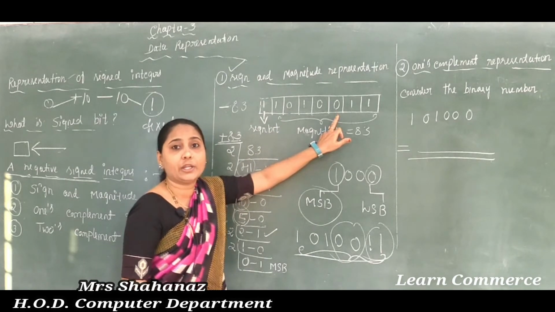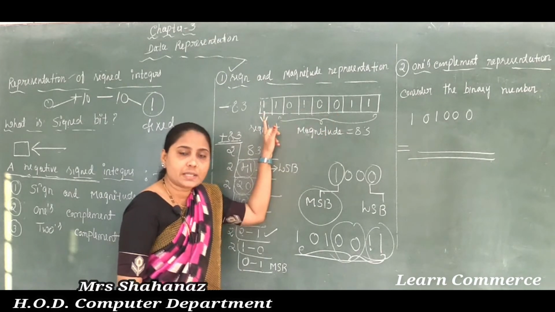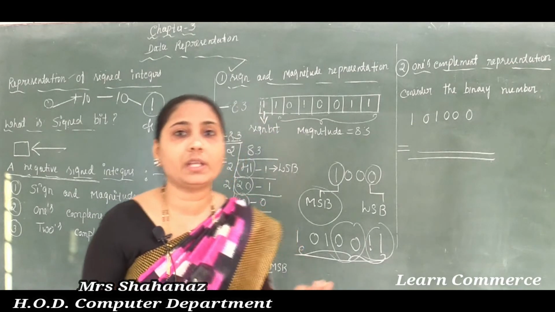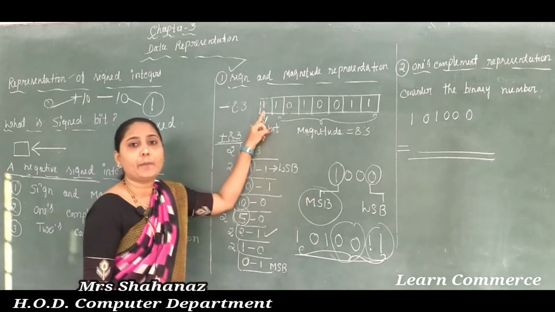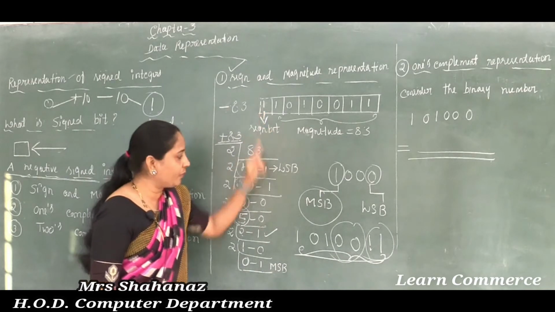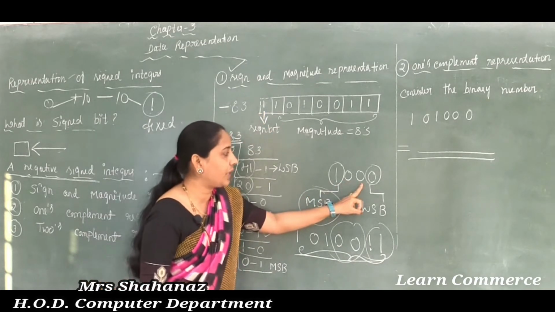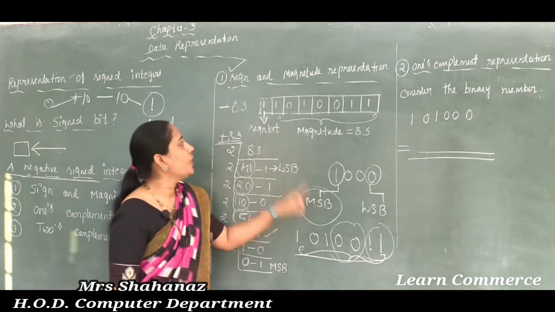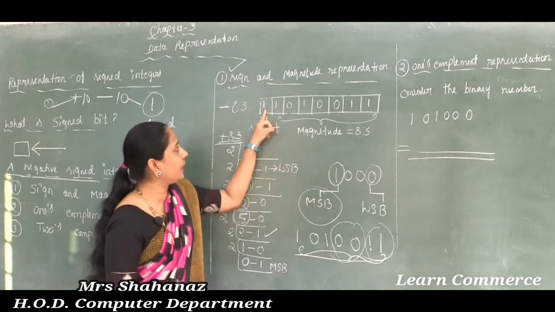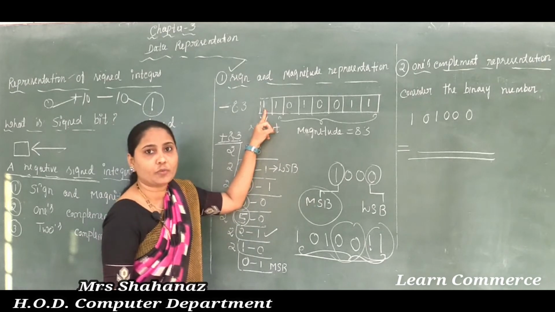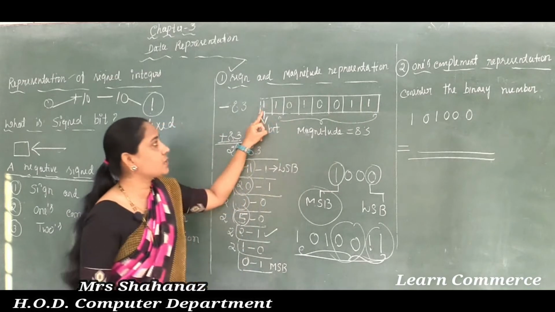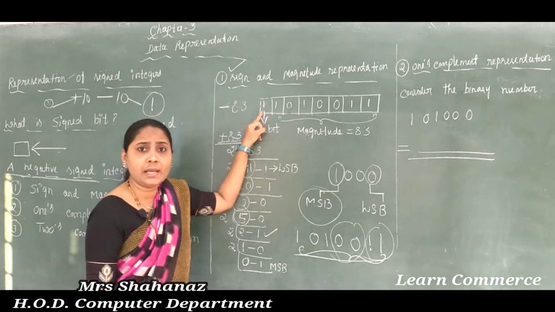the magnitude representation. In simple words, we can say that the MSB always stands for our sign bit. Okay, the MSB, correct? When you think about the number 1000, this one is called the MSB. So here, the leftmost bit, we can say this is called the rightmost bit and this is called our leftmost bit.